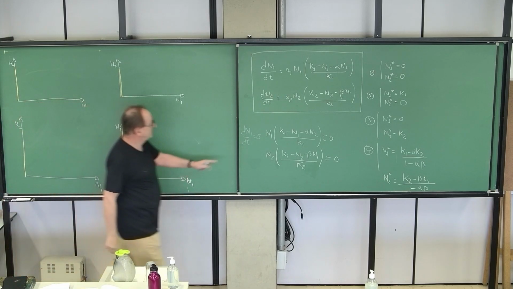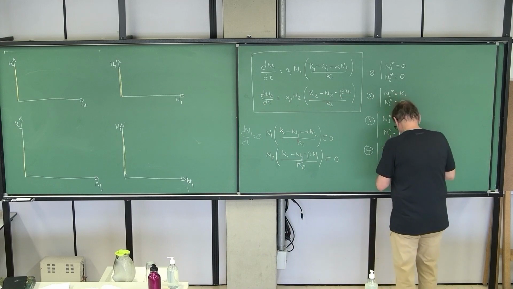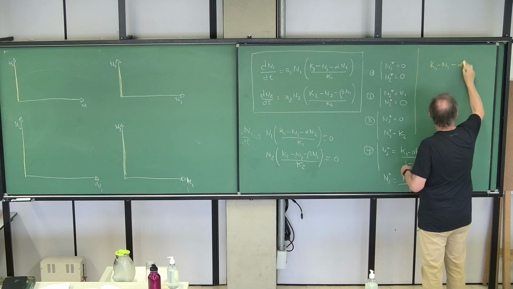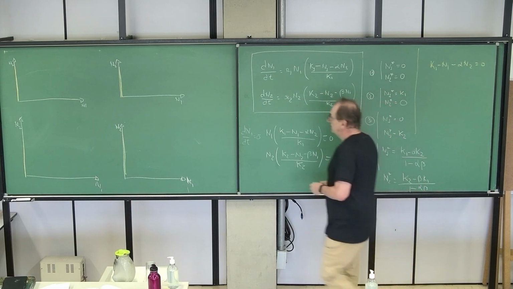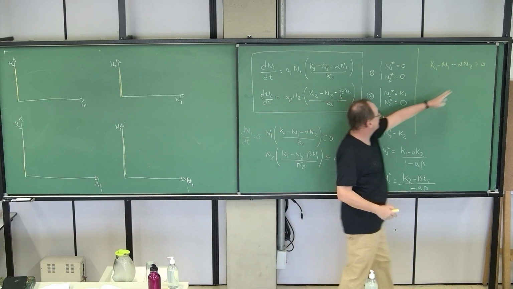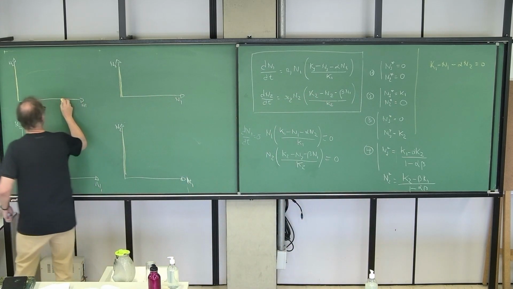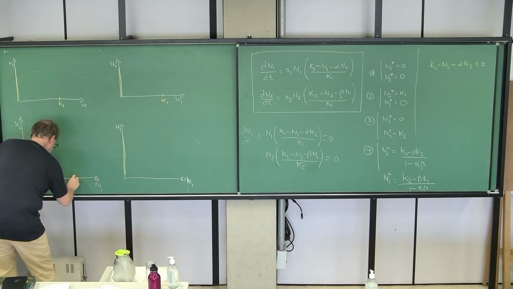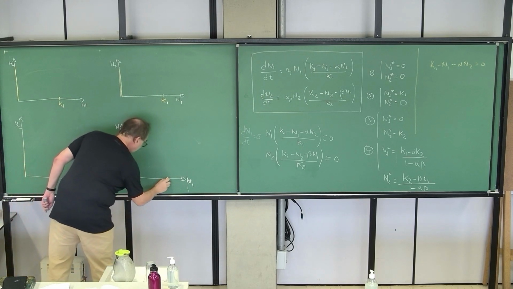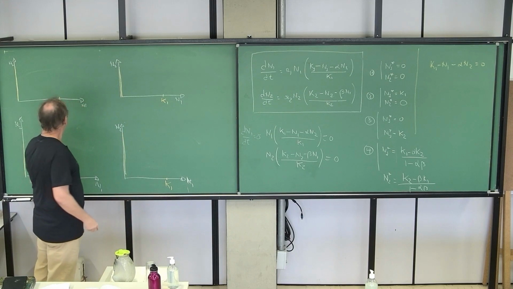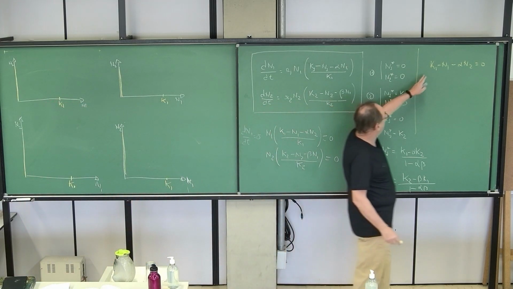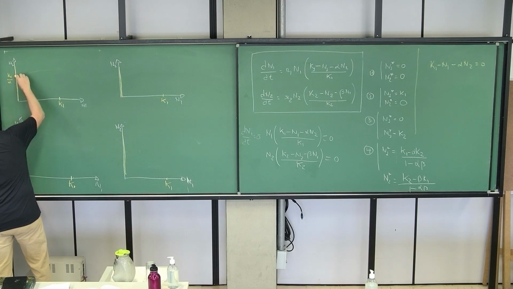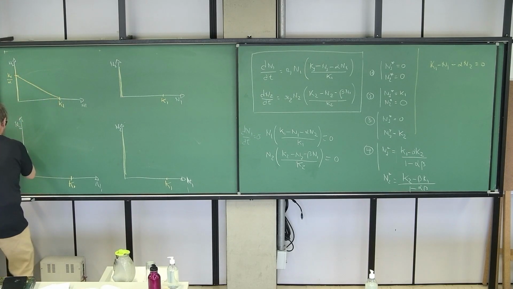And then, as we discussed, you can have k1 minus n1 minus alpha n2 equal to 0, which is a line that crosses, when n2 is equal to 0, n1 is equal to k1, and n2 is equal to k1 over alpha. So that's one of the null lines.